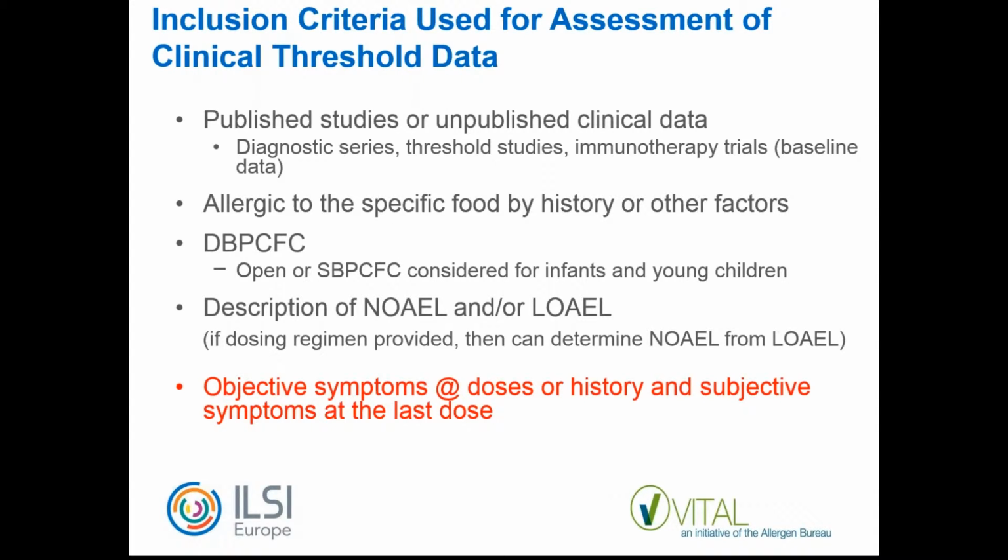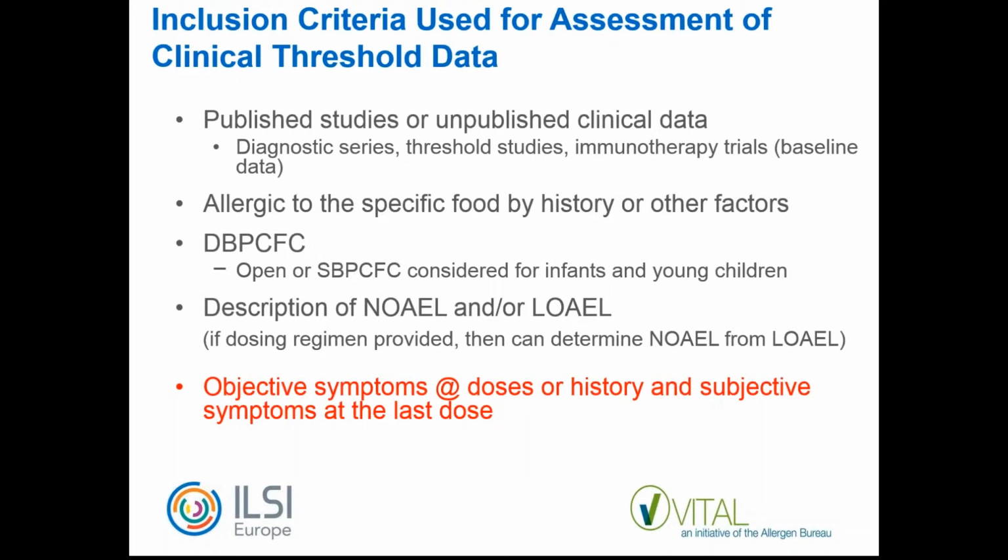Here laid out how the inclusion criteria and establishments of the reference doses took place. And the one thing I wanted to note in this slide is that it was a very thorough curation process with very specific inclusion criteria.